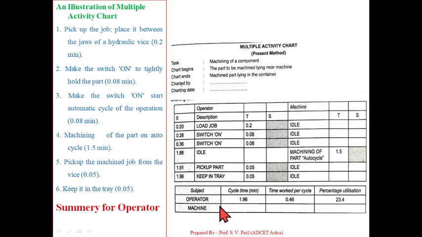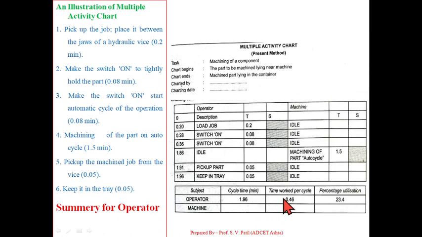First of all we will prepare the summary for the operator. The total cycle time is 1.96, mentioned over here. The cycle time is nothing but the time required to accomplish all the activities within a given work cycle. There are a total of 6 activities, and to accomplish all these activities the time required is 1.96 minutes.